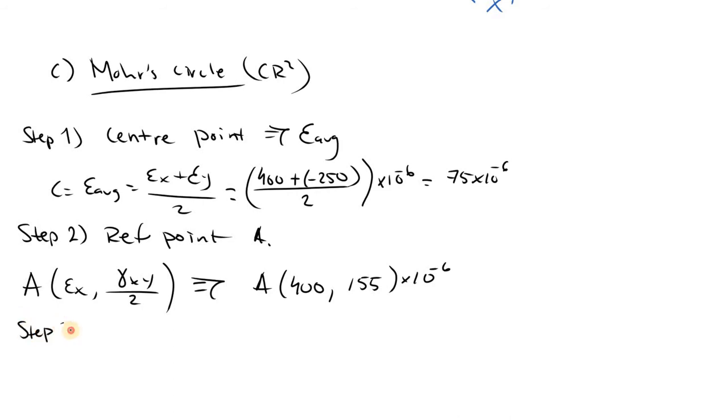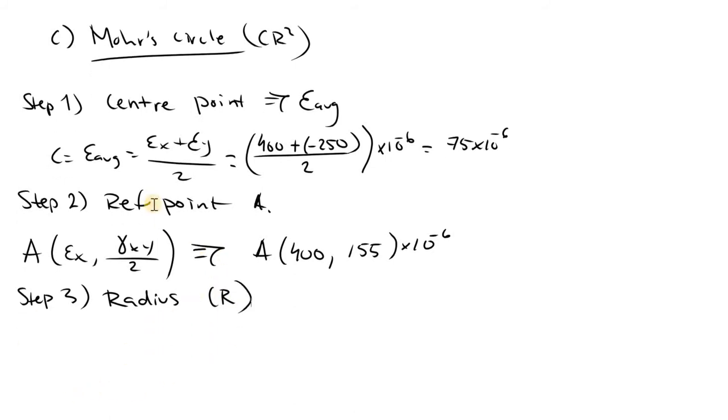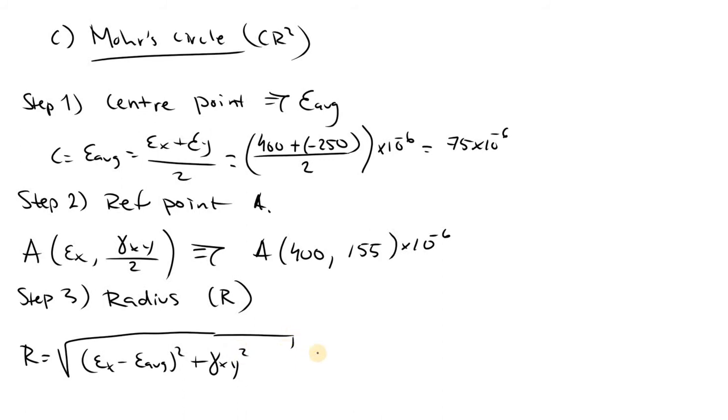Step 3, my last, R, talking about the radius. My radius in this case is simply the square root of my strain in X minus my average strain, squared, plus my shear strain squared.